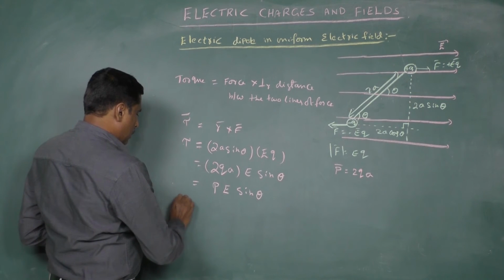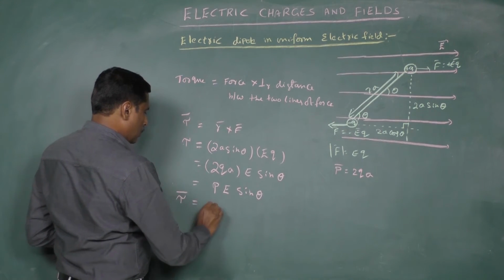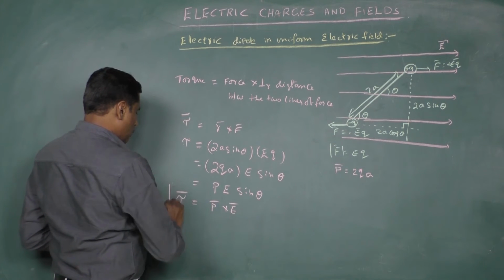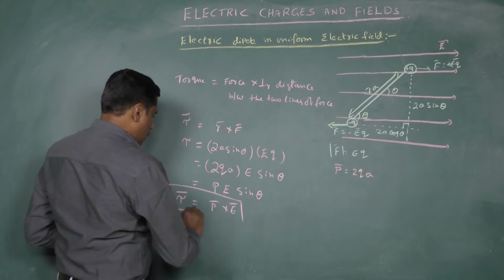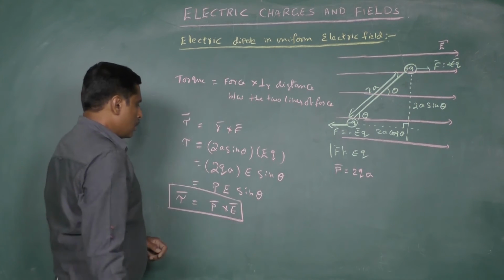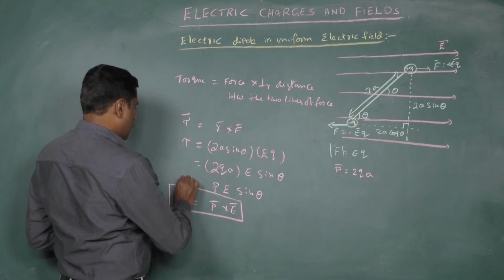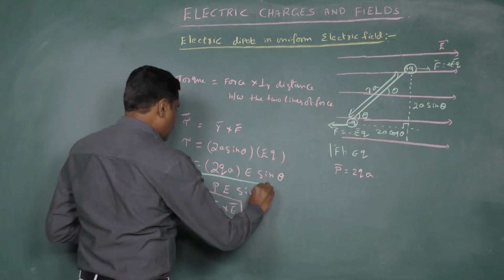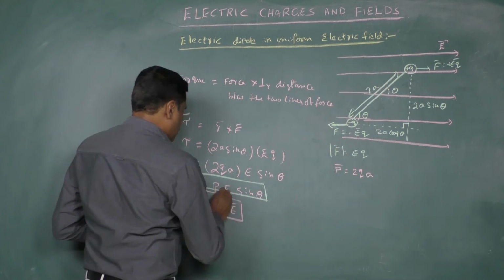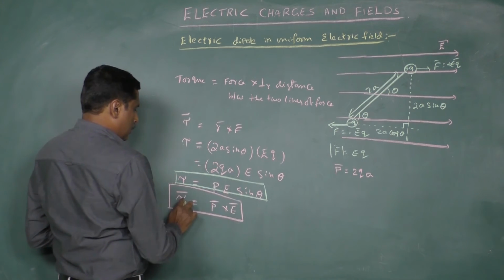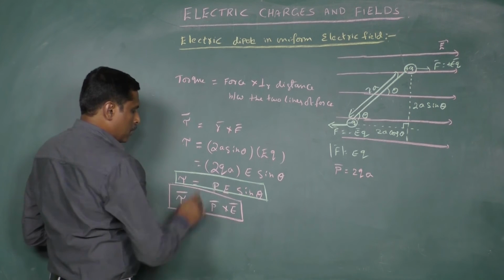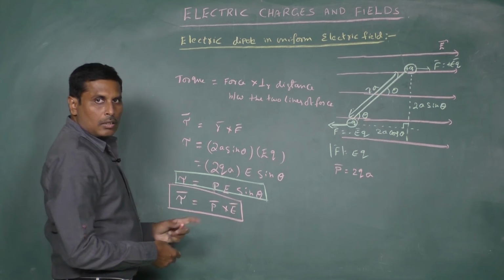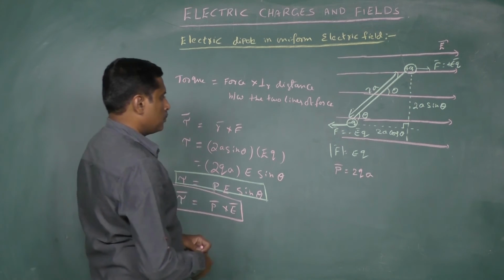In vector form, torque tau bar is equal to P bar cross E bar. In scalar form, tau is equal to PE sin theta, and in vector form tau bar is equal to P bar cross E bar.